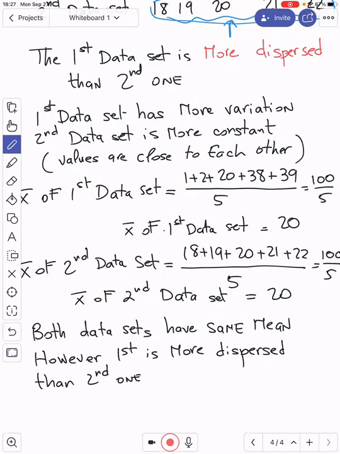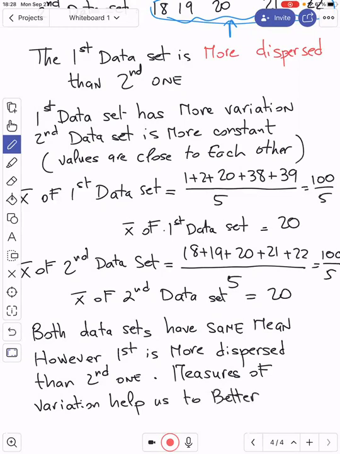So the idea is that we're going to use these measures of variation to have a better understanding of the data.